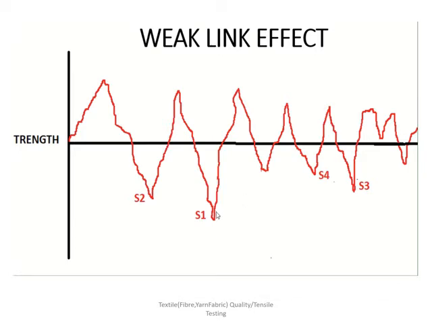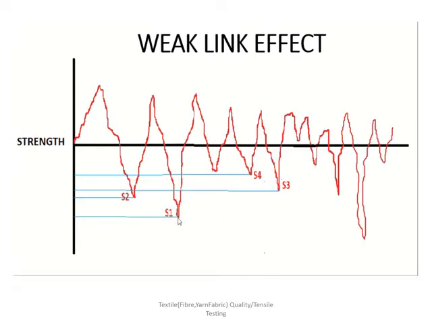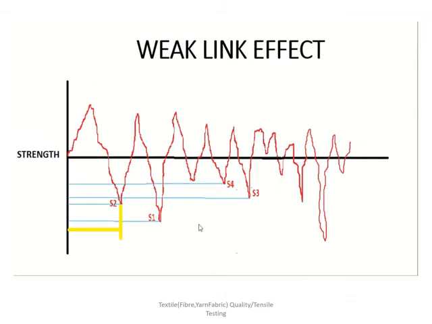If you take the total length of the yarn, then the weakest spot is the one that breaks. So if you take a smaller length till S2, the yellow color line, then it will break at S2, because it is the weakest point within that length.